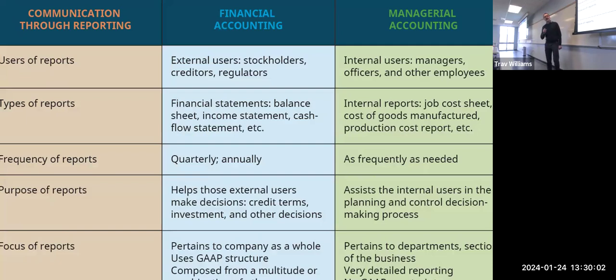Okay, the types of reports. There are 5 financial statements that we're going to learn to make in this class. In fact, we'll have made them within the next week or two. Making the financial statements is really not that hard if you already have the data. Finding the data is another story. But there are 5 basic statements. We see some of them here, the balance sheet, the income statement, the cash flow statement.